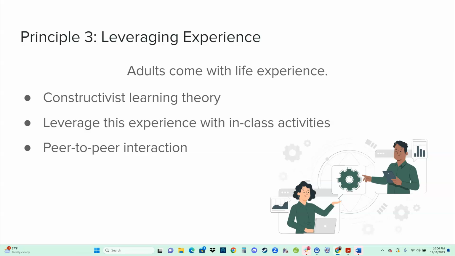We can do this with different in-class activities. One example of this is, maybe you're teaching a concept and you just ask them to share what their experience is with this.